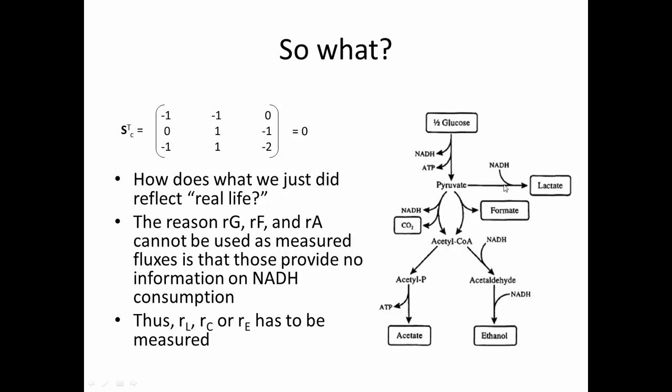NADH consumption is happening either with lactate formation, acetaldehyde formation, or ethanol formation. So we would need to consider RL or RE really. RC not necessarily. It doesn't give us any information about consumption, only about NADH formation. And we need to know what's going on with consumption. So our balance isn't closed, shall we say. We picked the wrong measurements in order to close our balance. That was not a good idea of us.